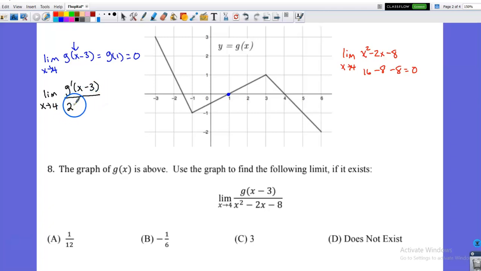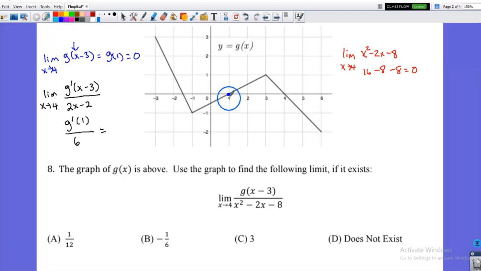Denominator gives me 2x minus 2. Substitute in the 4, so I get g prime of 4 minus 3, which is 1, over, substituting the 4 here, 2 times 4 is 8. 8 take away 2 is 6.